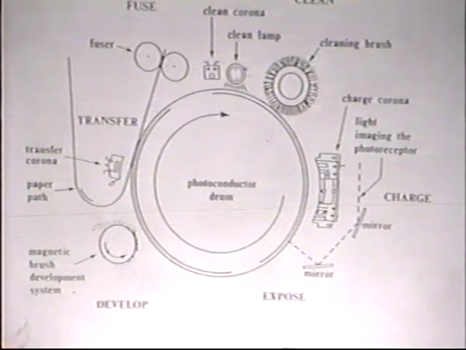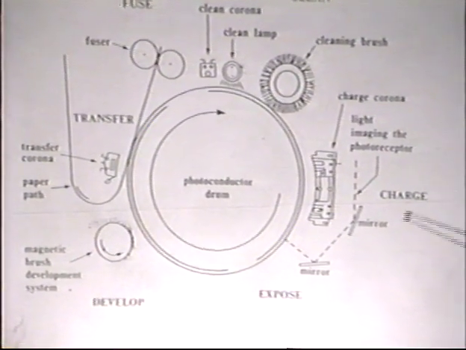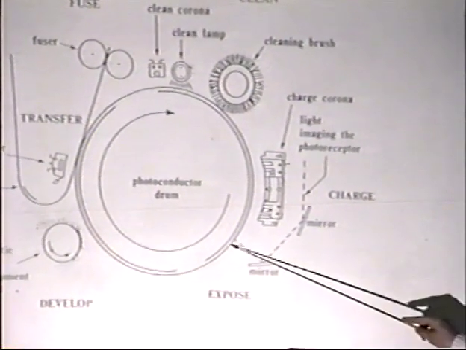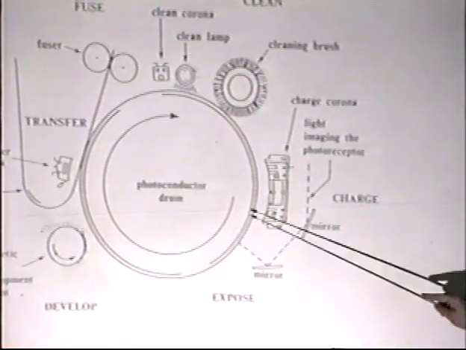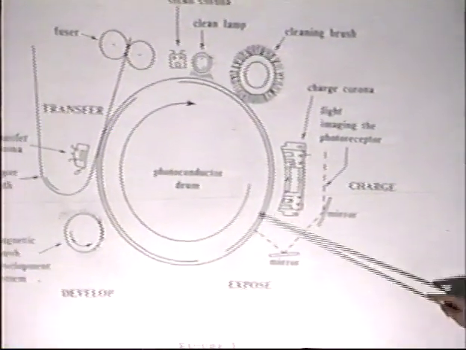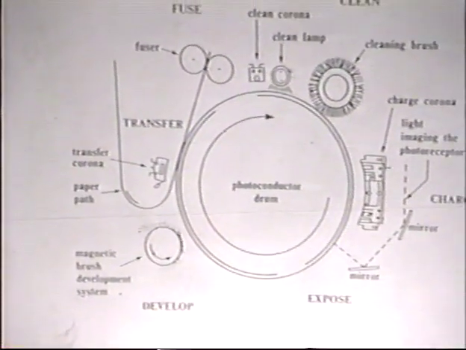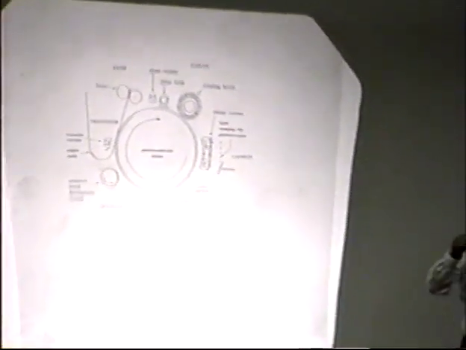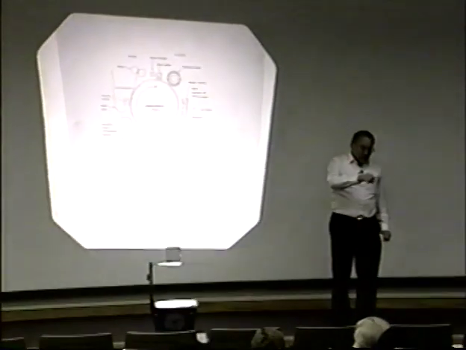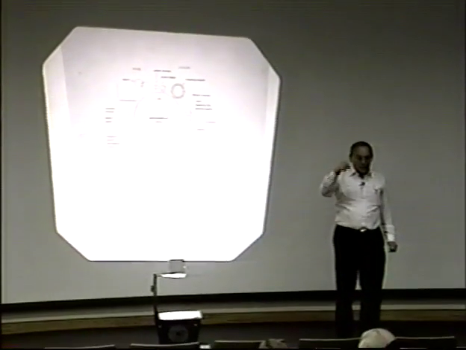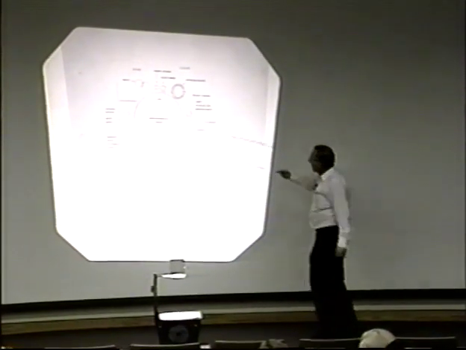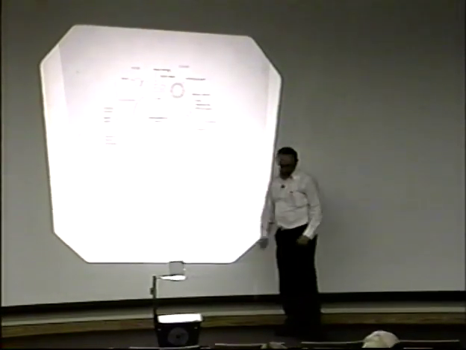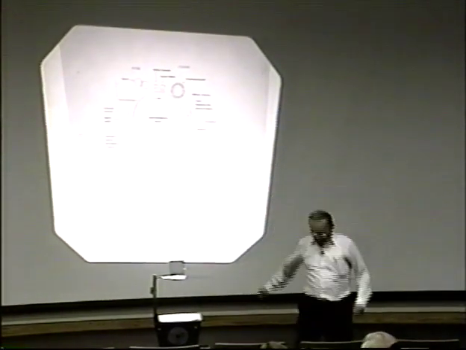So what you get here is a distribution of light particles, photons, that are coming into this zone. And here is what they do.